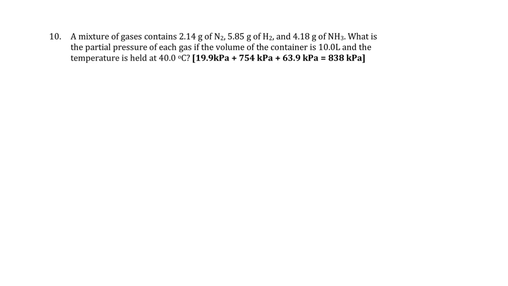They just say what's the partial pressure of each gas. Another good question would be, what's the total pressure in the system? In the answer key I did that, but I didn't in the question. I'll just do one of them, and then you can do the rest.